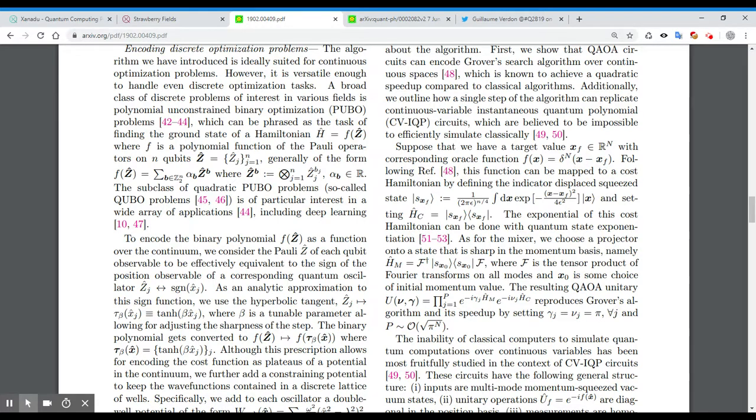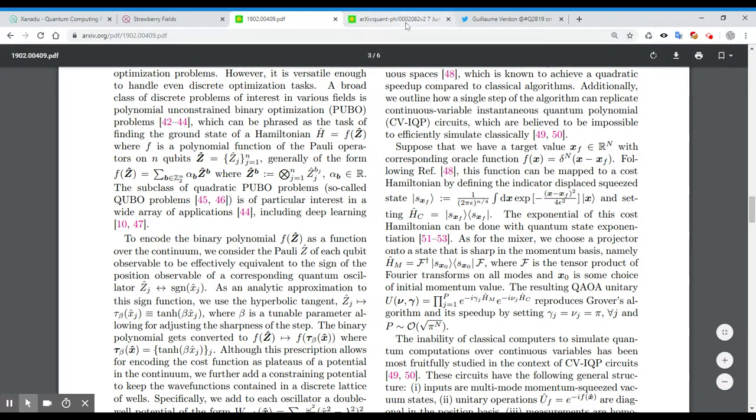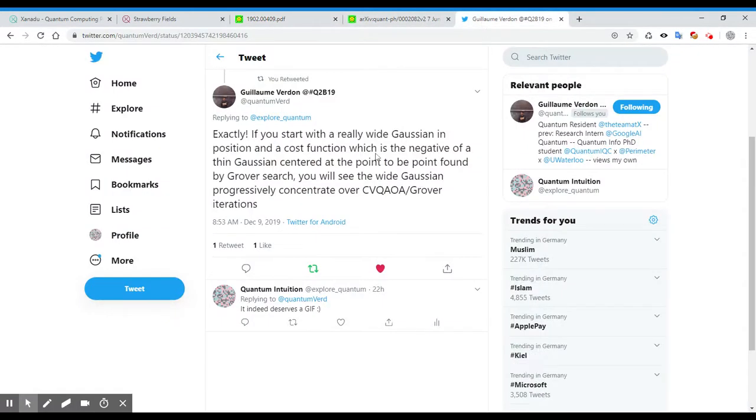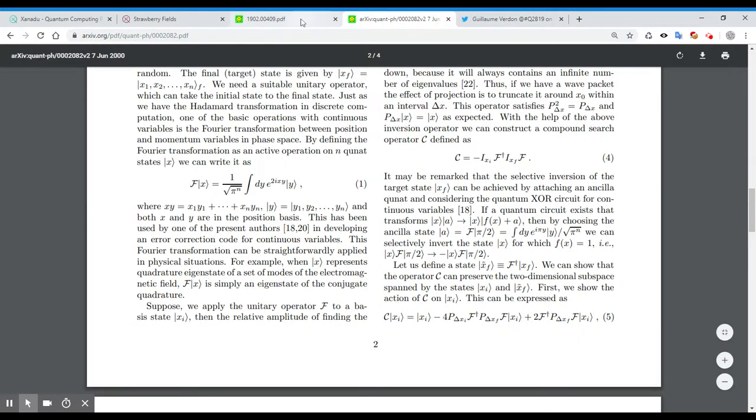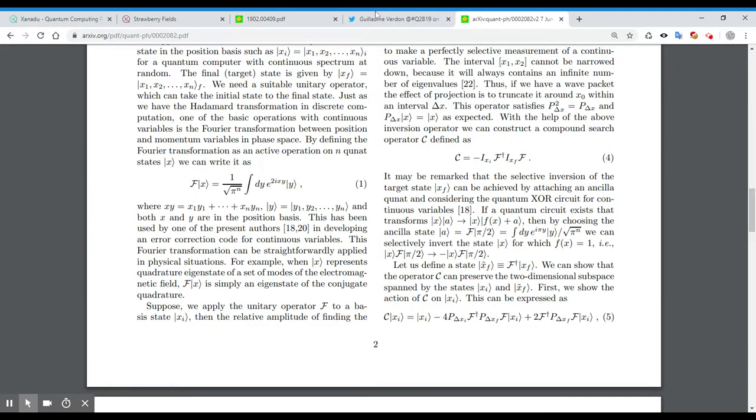Okay, so this is I think what Guillaume means by a negative. So a cost function which is a negative of a thin Gaussian centered at the point to be found, because I should put that aside. Exactly.